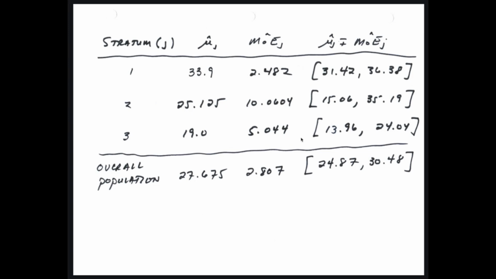And then down below, we have the same quantities, but for the overall population. So we have the estimate of the overall population mean, an estimate of the margin of error associated with that estimated mean, and then the corresponding approximate 95% confidence interval for mu, the overall population mean.